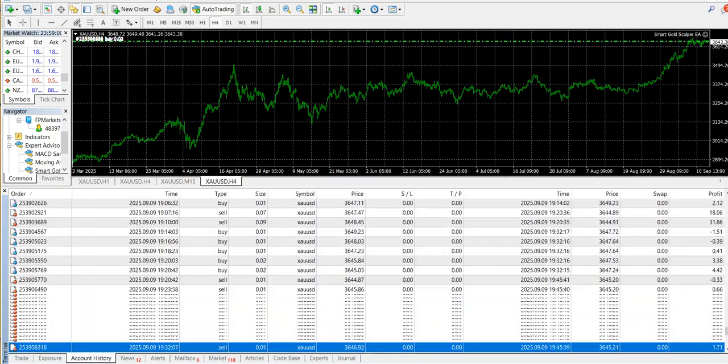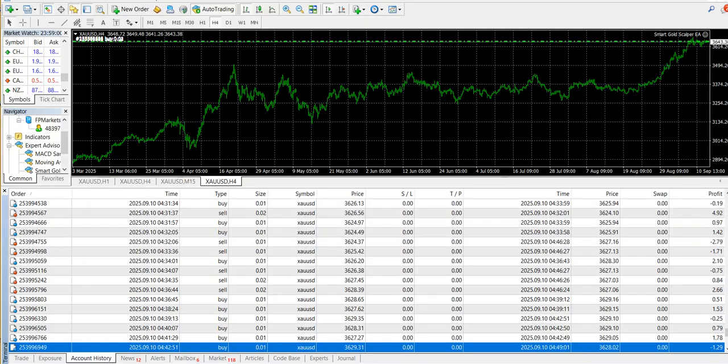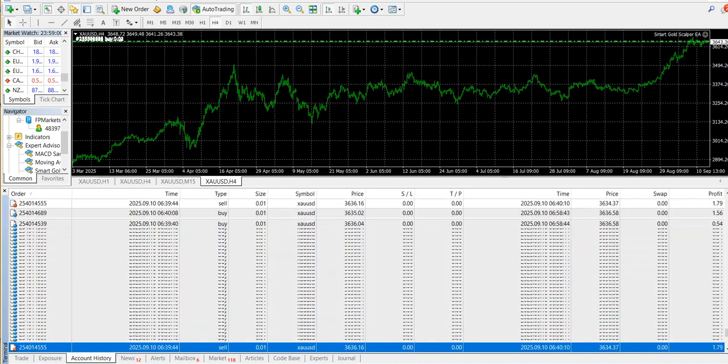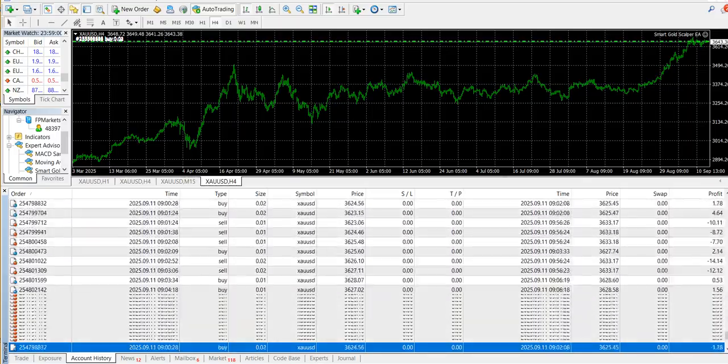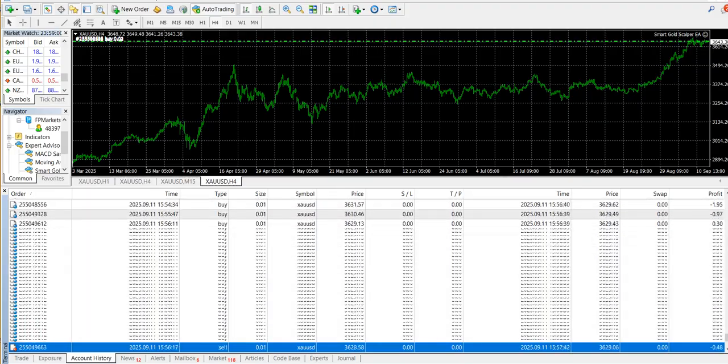Of course, this EA used to take higher lot sizes, and we can say that it uses Martingale. But yes, Martingale is not a strategy that will always drain your account.